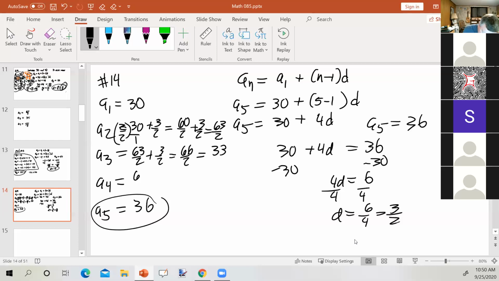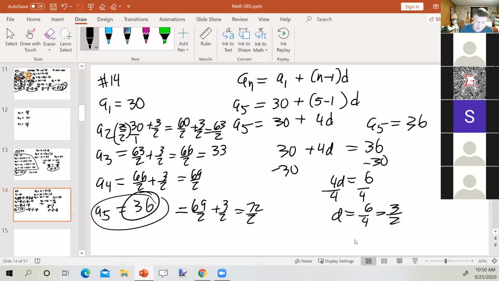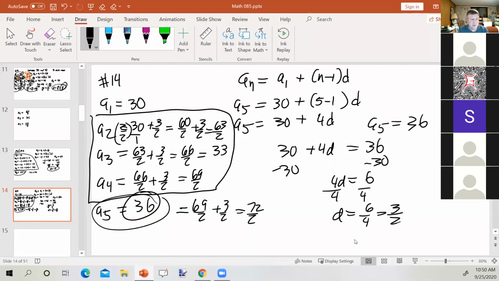A sub 4 is 66/2 plus 3/2, which is 69/2. A sub 5 would be 69/2 plus 3/2, which is 72/2, which is 36. So it checks. So our three arithmetic means are 63 halves, 33, and 69 halves.